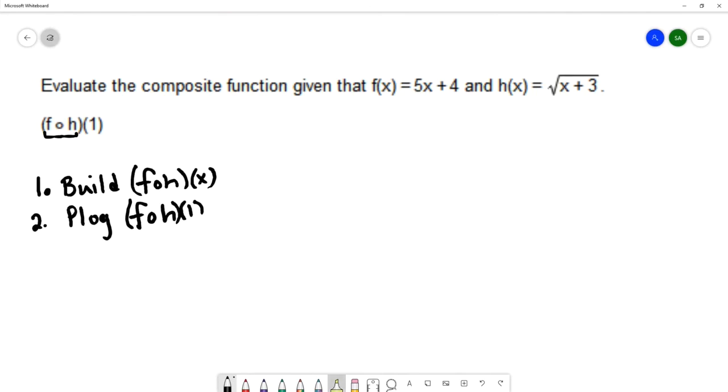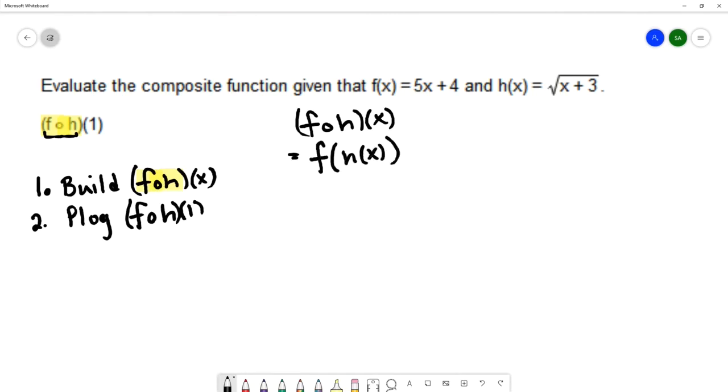So we're going to start by building this function that's being described here. So I want to do f composed with h of x. This operation of composition is substituting one function inside of another function.